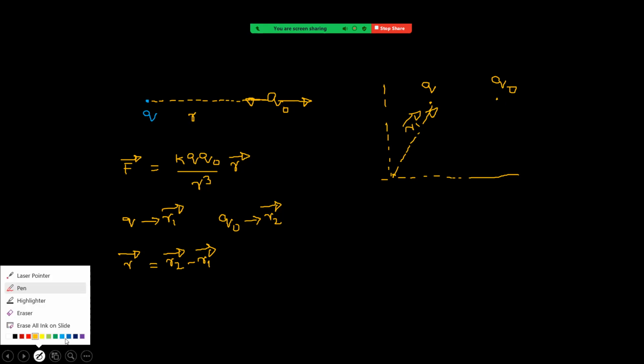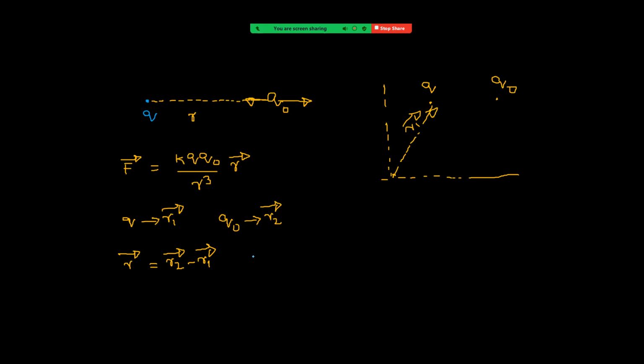I'm taking a different color to make it clear. Position vector of Q naught is R2 bar, right? And we are now focusing on the force on Q naught by Q. So focus on the position vector of Q naught with respect to Q. That is R bar.